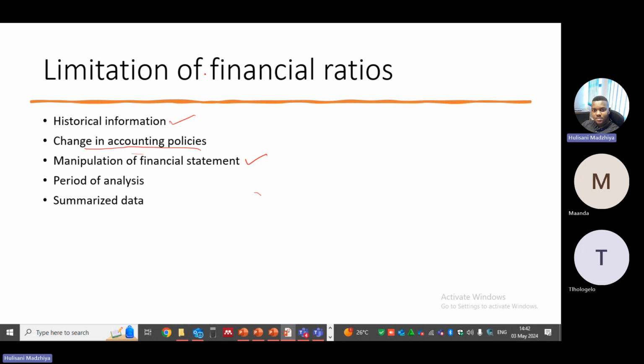So meaning that the quality of data of our financial statements will also determine the quality of data for our financial ratios. The period of analysis: which year are you preparing the analysis for, and which year are you going to use this analysis in? So this is another limitation.